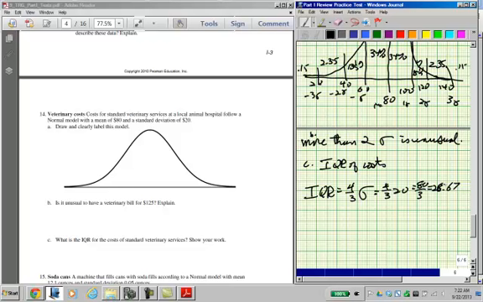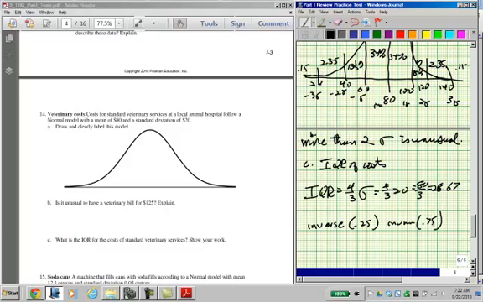If you don't, then you got to do inverse norm. Well, there's a couple different ways to do it. But yeah, inverse norm on 0.25, and then inverse norm on 0.75. Use the mean and standard deviation. That'll give you the dollar amounts, and then you subtract them.